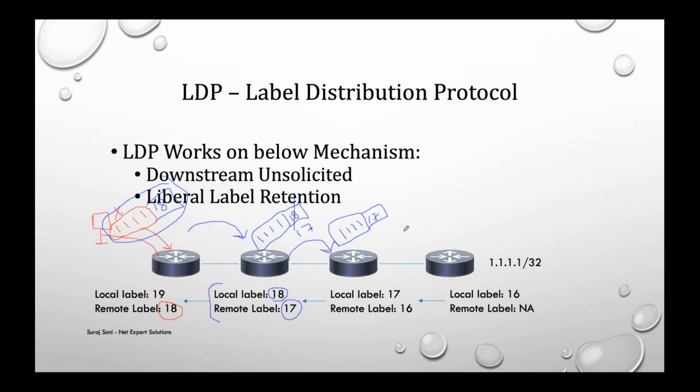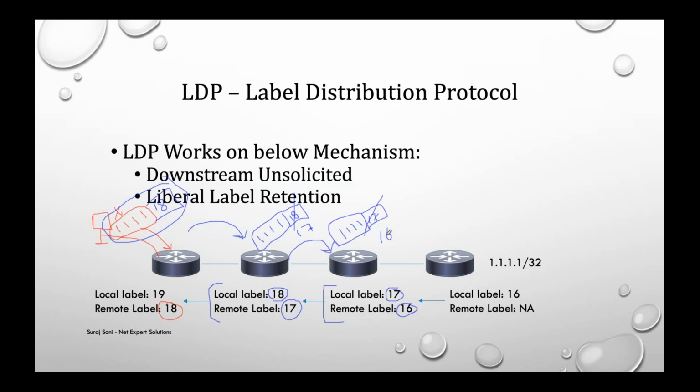Again, this router is going to perform the same action. He has the LFIB table ready, and that table is saying that if I receive 17, all I need to do is put 16 in place of 17. So remove 17, put 16.